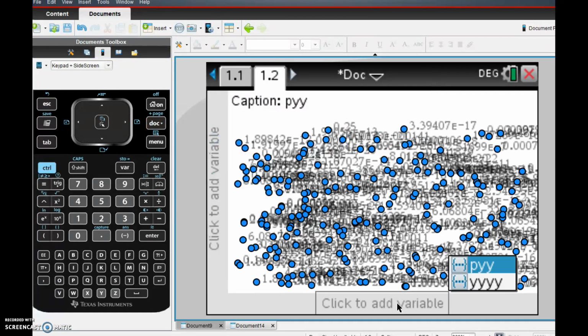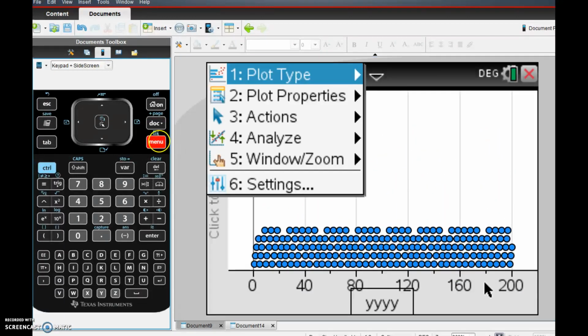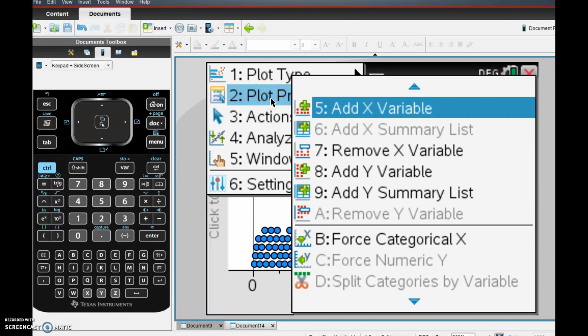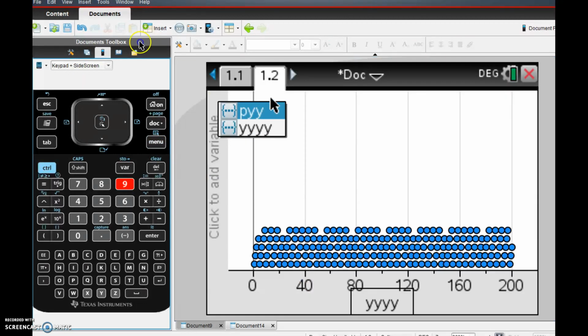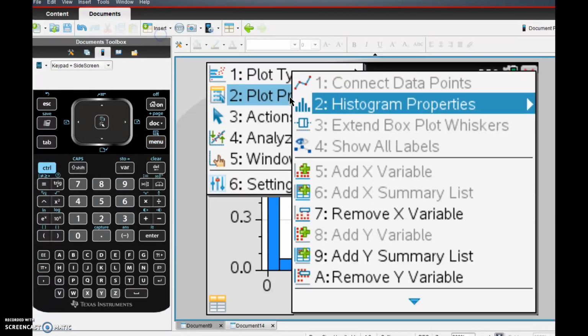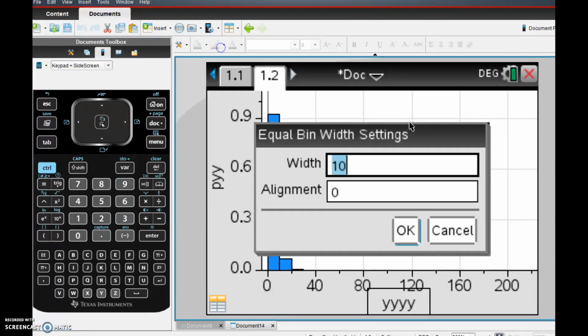So let's look at our y's versus our plot properties, our probabilities. Let's change our bin settings to be 1.